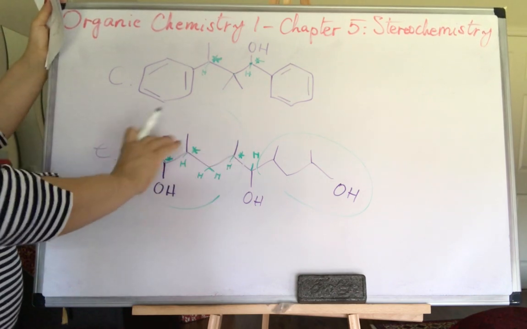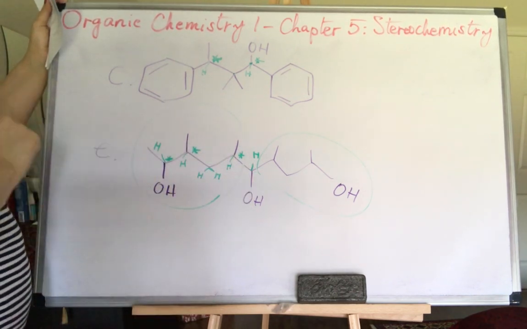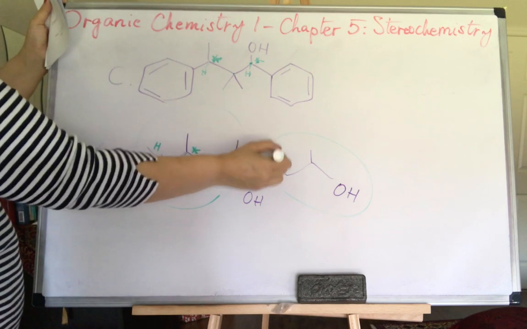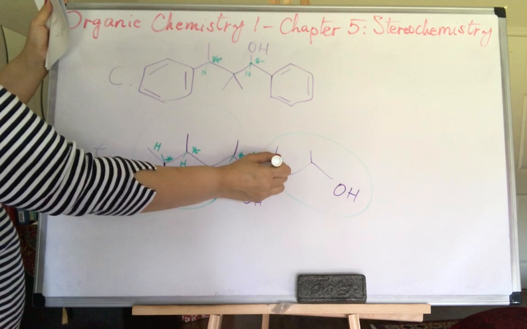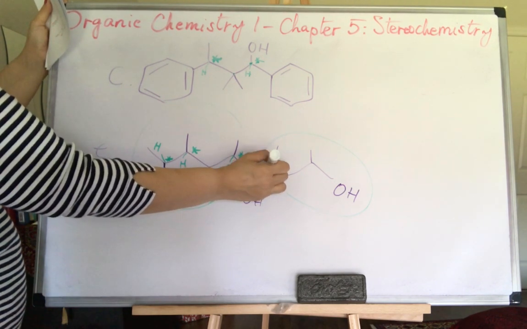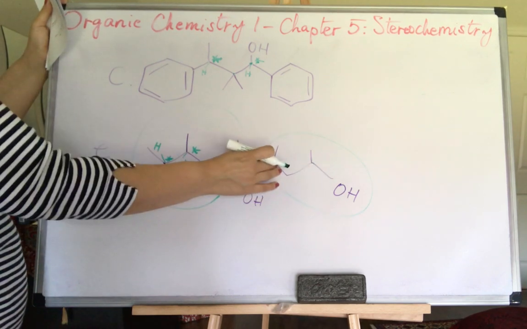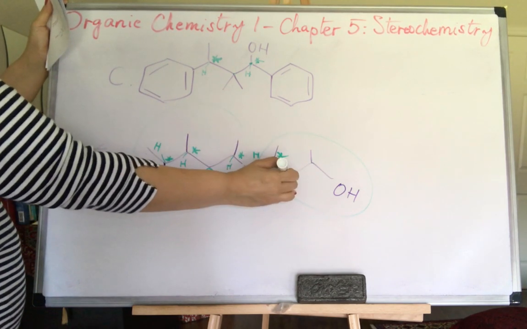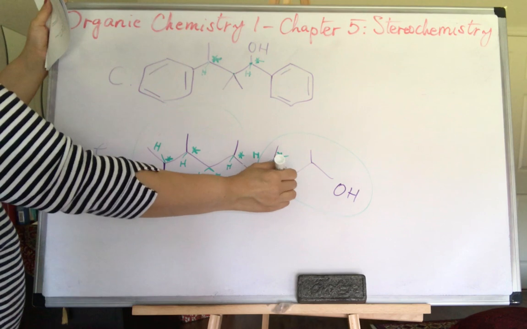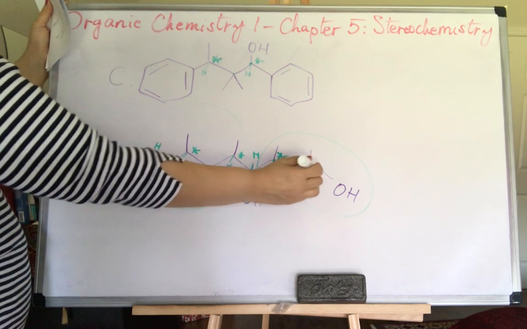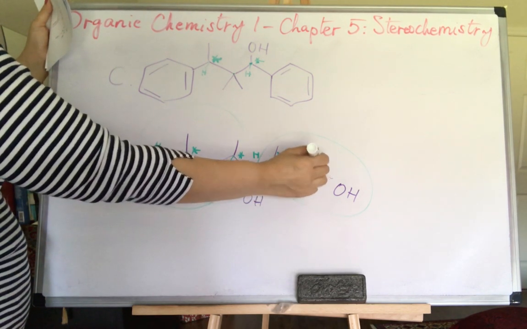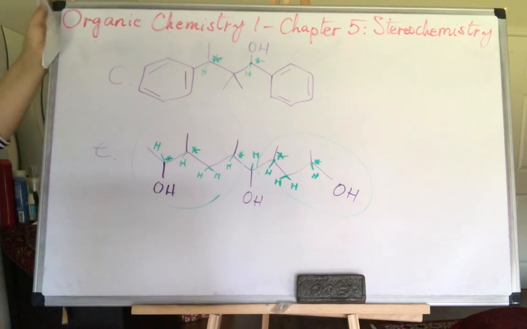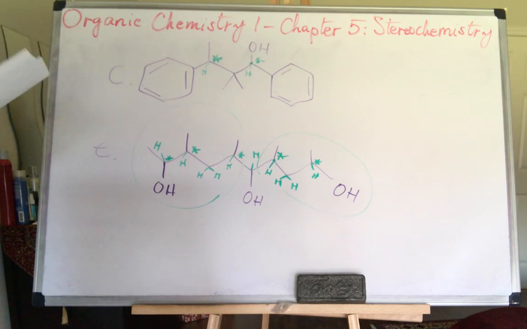So this carbon cannot be a stereogenic center. This carbon can be because the 4th one is a hydrogen and these 2 sides are different. This carbon is connected to 2 hydrogens, and this is going to be the last one. Okay? I'm sure you can determine the rest of them on this page.